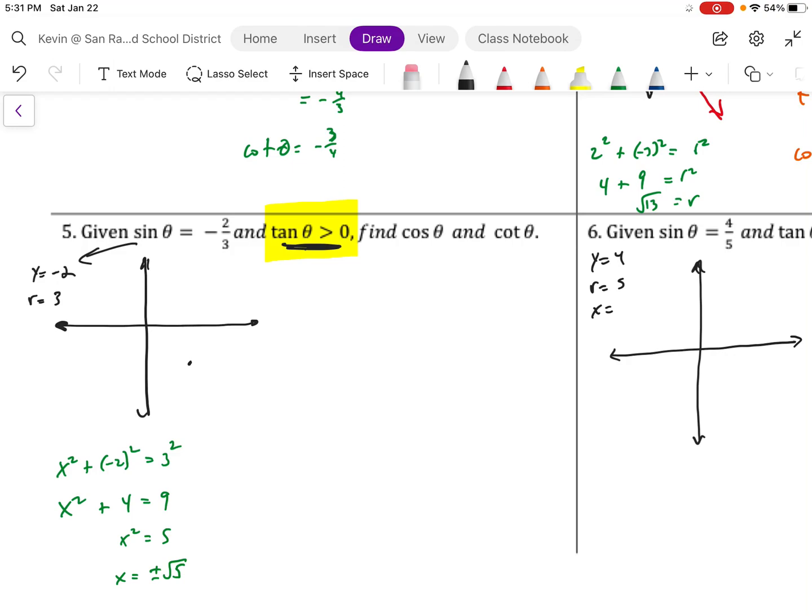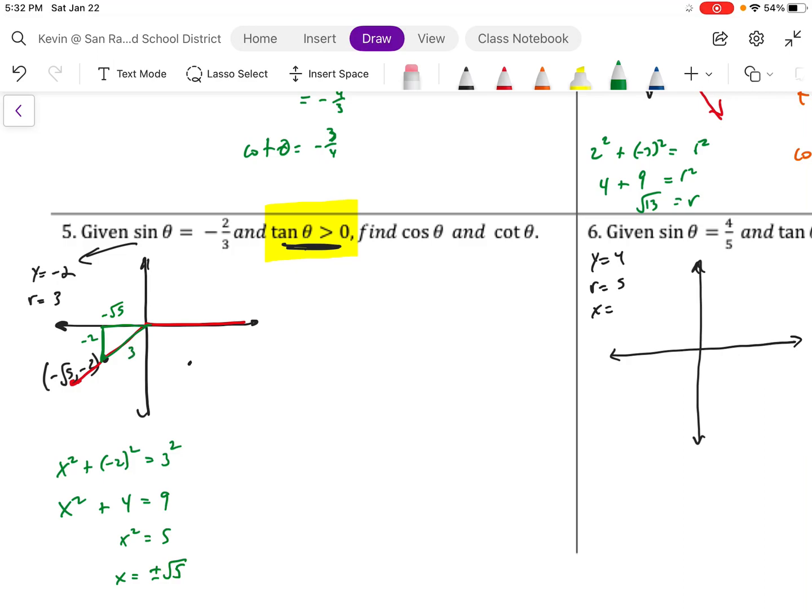All right, so with that information, we know that x has to be negative. Therefore, we're looking at a point down here of negative square root of 5 and negative 2. Our reference angle comes down here. So there's our triangle. This is going to be negative root 5. This is going to be negative 2.